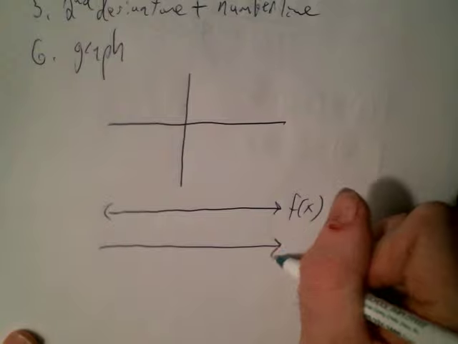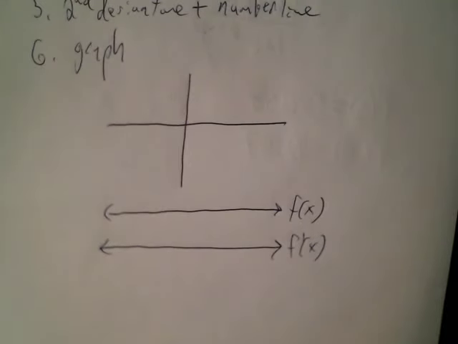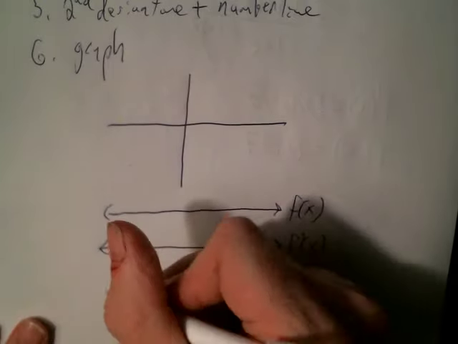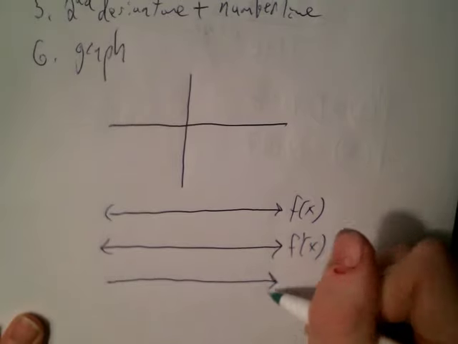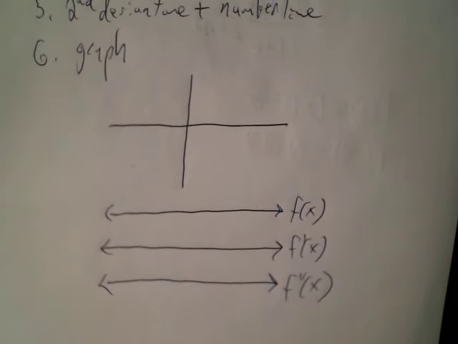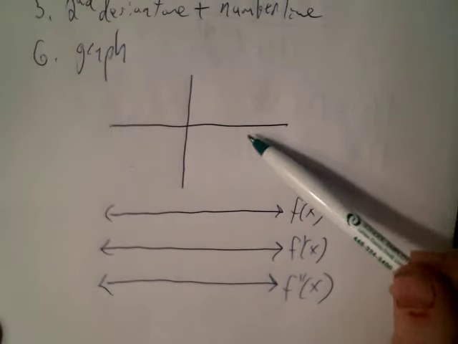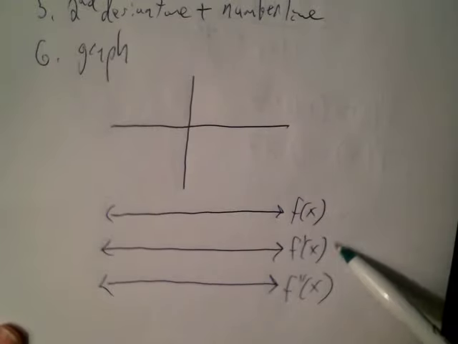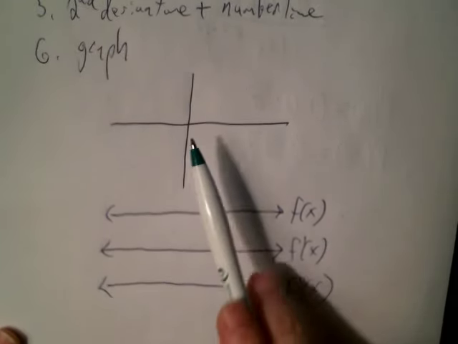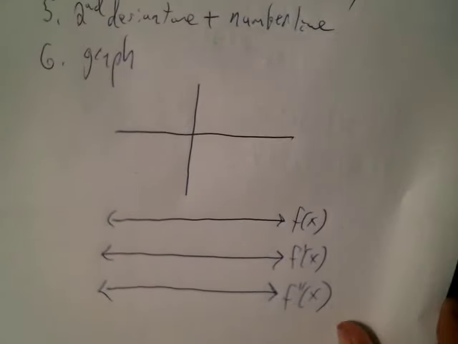Then you'll have a number line for f prime of x, where you'll be plotting again where the derivative is equal to 0 or where the derivative is undefined. And then you'll have a number line for f double prime of x. Now over top of it, it'll force the graph to behave in a certain way. If you know this information, it forces this thing to be a certain shape.